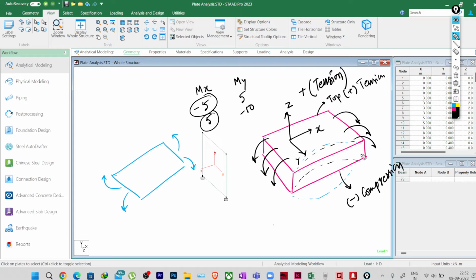It is true when z is up, when the z local axis is upwards.